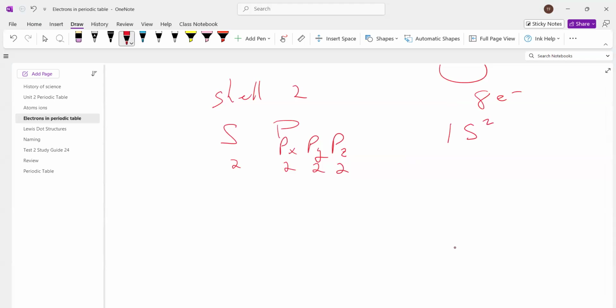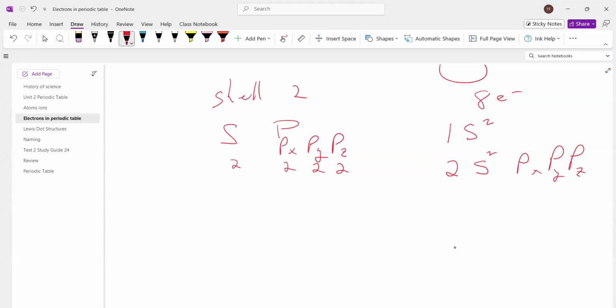Shell number 2, because we have 6 more electrons to account for. So we're going to put 2 electrons there first, because the s orbitals are closer in than the p orbitals for shell number 2. So those fill up first because they're more stable.